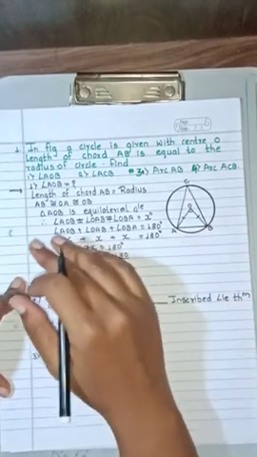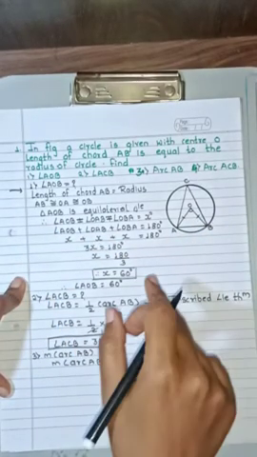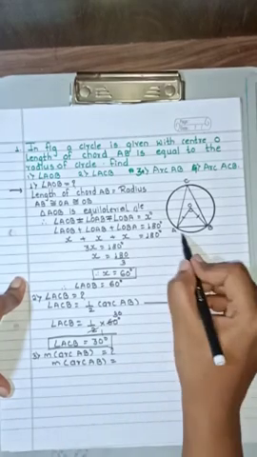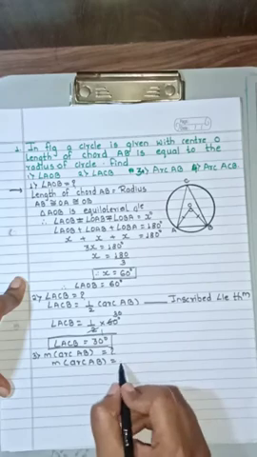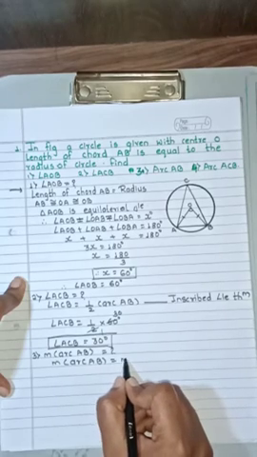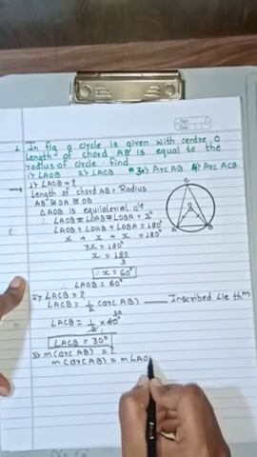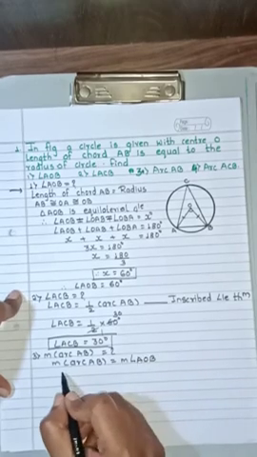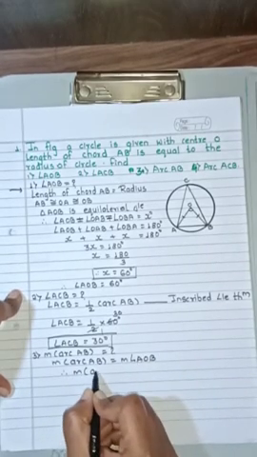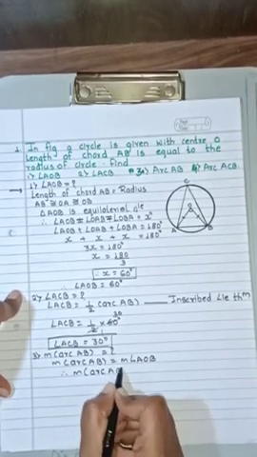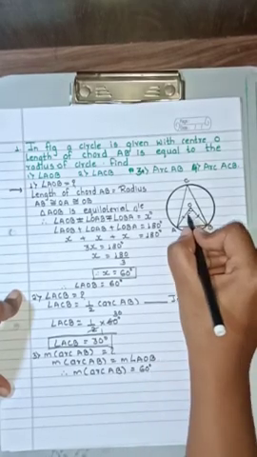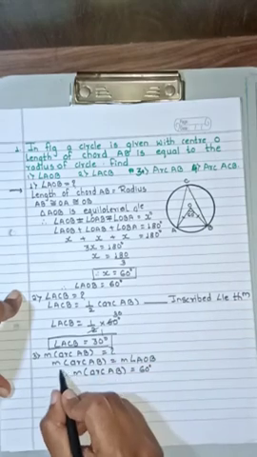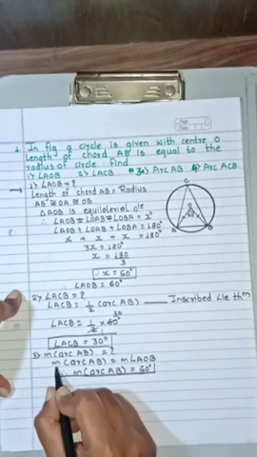AB is the minor arc and AOB is the central angle. So the measurement of arc AB will be equal to the measurement of angle AOB. Directly you can write down the measurement of arc AB is equal to 60 degrees. The third one is also solved.